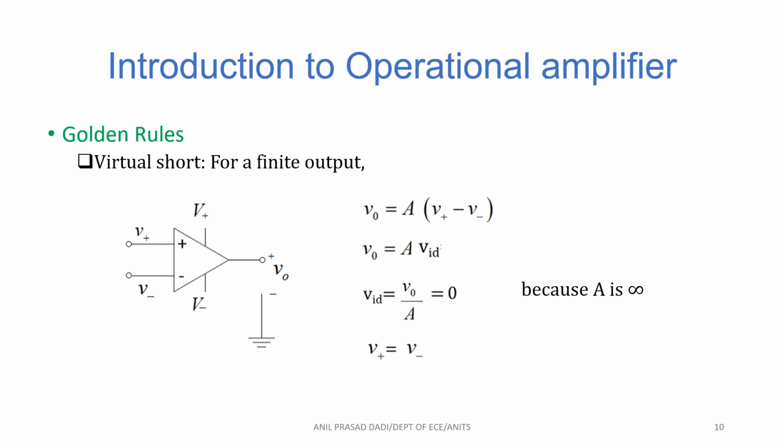Suppose V plus is grounded physically, then V minus will be at zero potential, which is what is called a virtual ground, coming out of the virtual short concept. These two rules, the one we have seen earlier and this virtual short concept, are very important and will be frequently used in the analysis of op amp circuits.